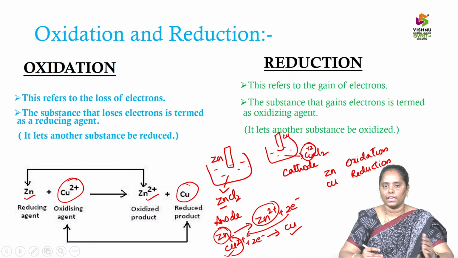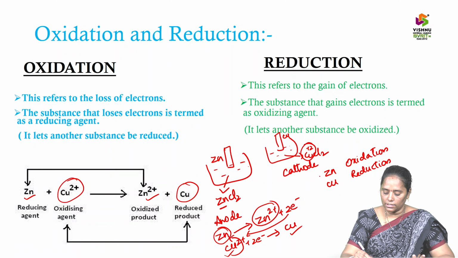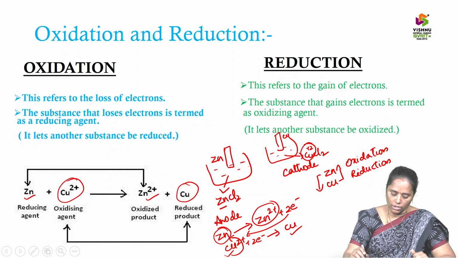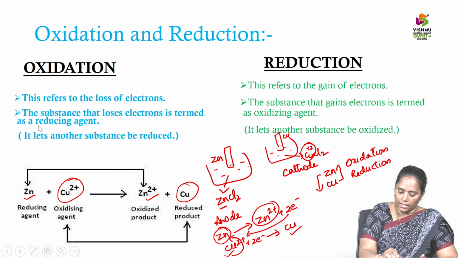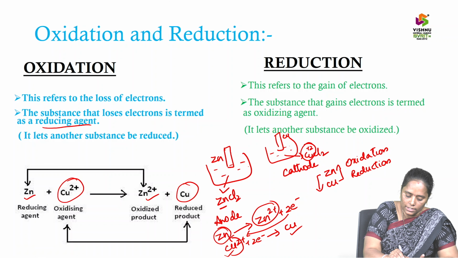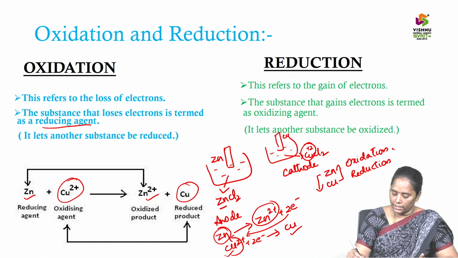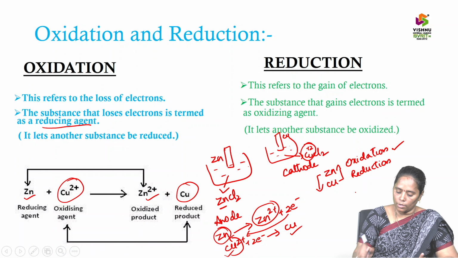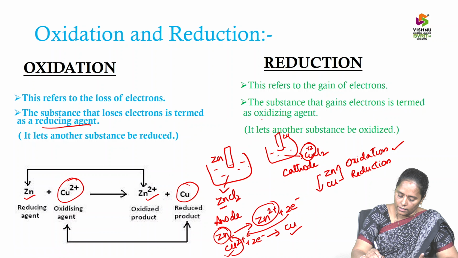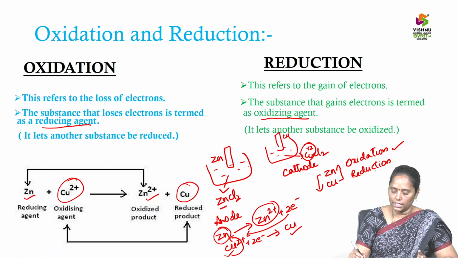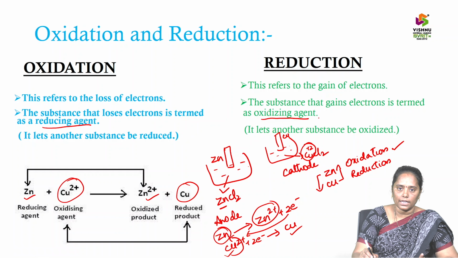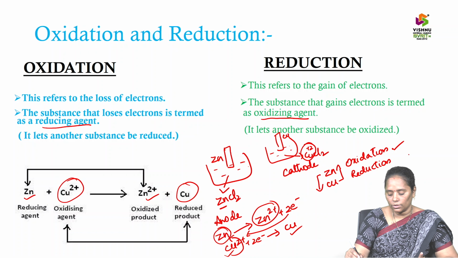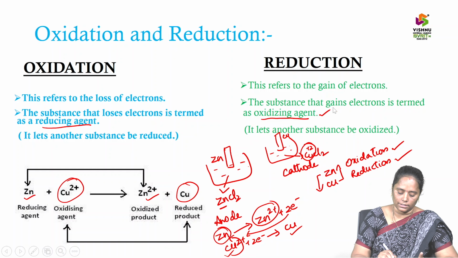Since the two reactions happen mutually, in the presence of zinc, copper undergoes reduction. In the presence of copper, zinc undergoes oxidation. So, zinc can be called a reducing agent. It undergoes oxidation, but it reduces copper. Similarly, copper can be called an oxidizing agent. Copper undergoes reduction, but it is oxidizing zinc, so it is an oxidizing agent.